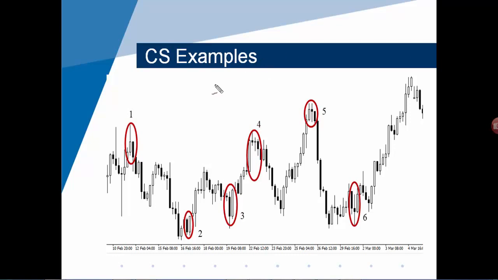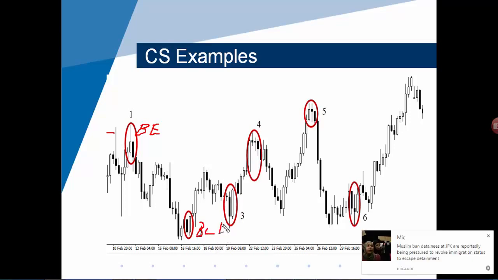Okay, all right, so number one, we have the market rallying up, hitting a level of resistance. So this is a bearish engulfing candle. Market came down, hit a level of support, turned. This is a bullish engulfing candle.